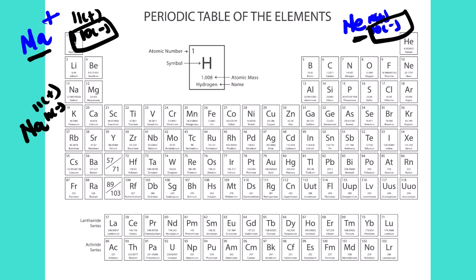We can further integrate this concept with noble gas. So let's say we want to write down the noble gas notation of this ion. Let's go back to the electron configuration.